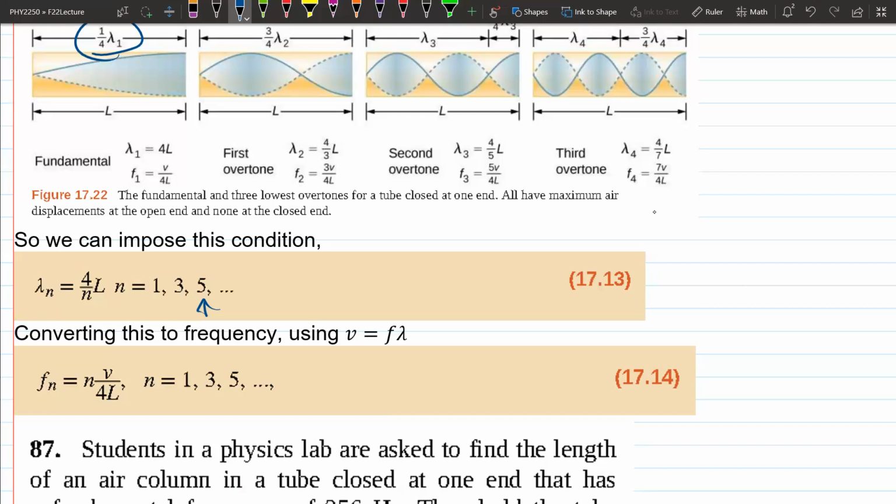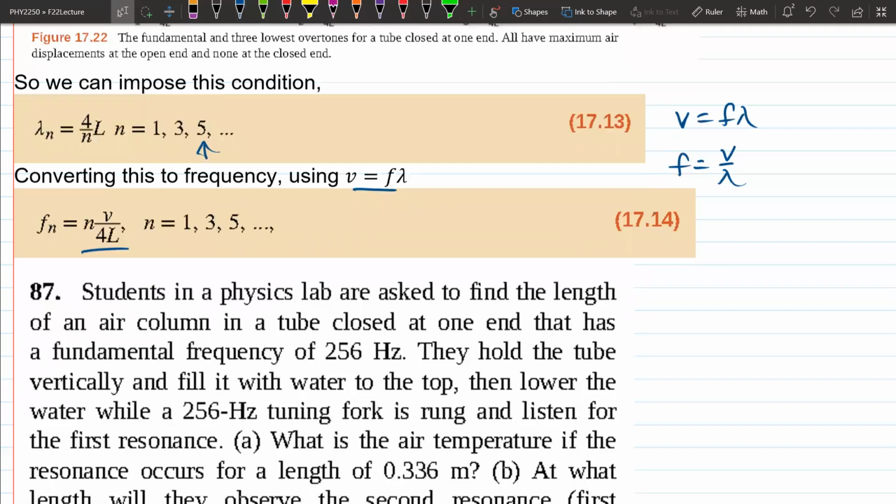Using the fact that if you want to convert wavelengths to frequency, you can always convert between the two, because the frequency is just going to be v over lambda. You plug that in there, and you convert this not to calculate the wavelength of the sound that will fit in your tube, but the frequencies of the sound.